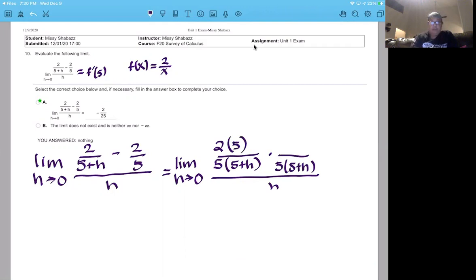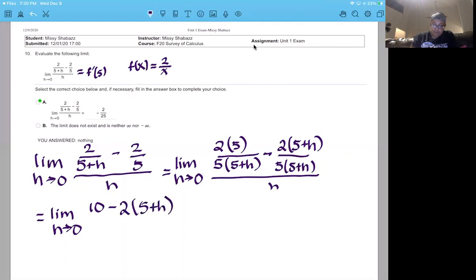So I need to multiply the numerator by the 5. The second term had the 5, but not the 5 plus h. And then we're going to write it over the same common denominator. So I have a 10 minus 2 times 5 plus h over 5 times 5 plus h over h.